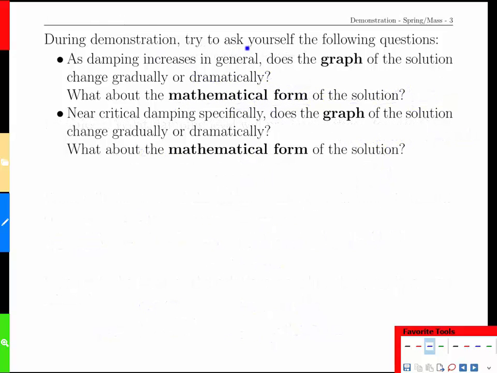As you go through the demo, keep this slide available and ask yourself these questions. As the damping increases over the whole range, what's happening to the graph and what's happening to the mathematical form? And also, near the critical damping specifically, around c equals 10, what happens to the graph and to the mathematical form of the solution?